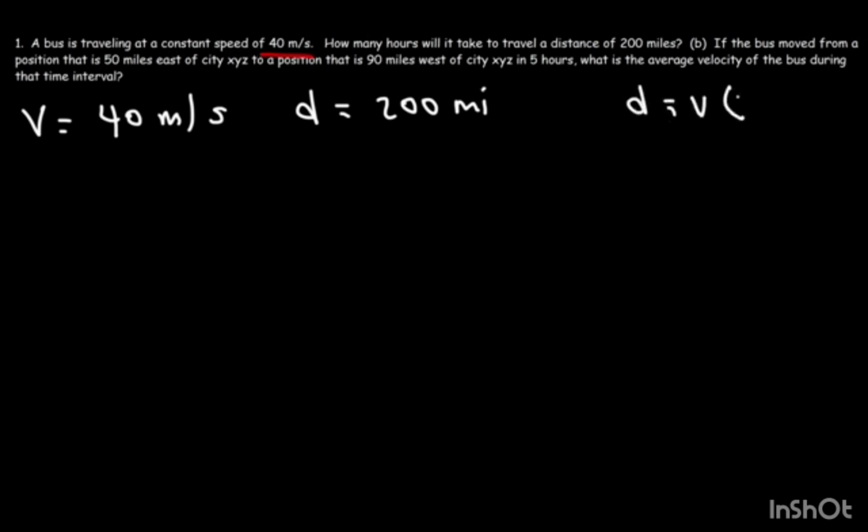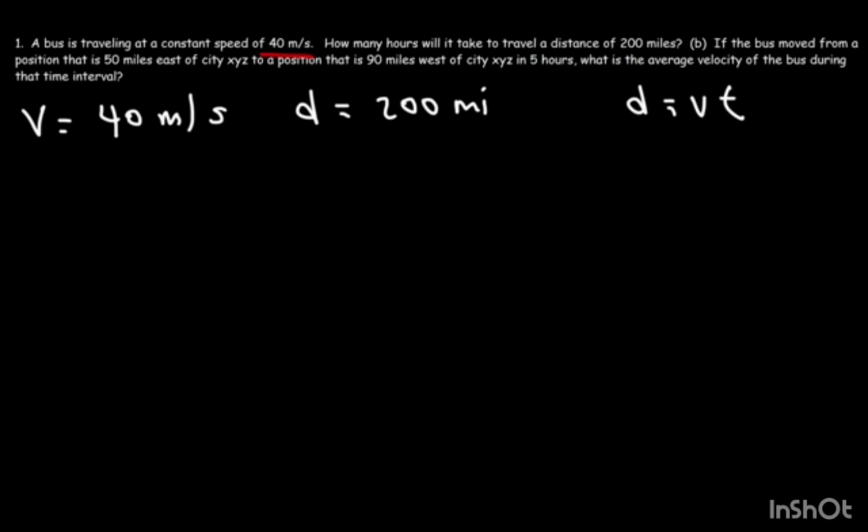So we're given the speed, which we can use as a symbol V or S. And we know the distance, which is 200 miles. The only formula that we could use, since the bus is moving at constant speed, is this one. D is equal to Vt.